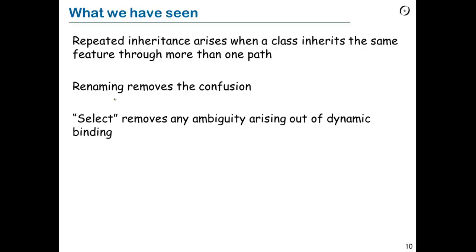This concludes the discussion of multiple inheritance, which now includes also repeated inheritance. I hope you are now convinced that it's a powerful modeling and programming mechanism which can also be used in a very simple and practical way and gives us a lot of power with mechanisms such as redefinition, renaming, undefinition, merging, and as we have now just seen, select.